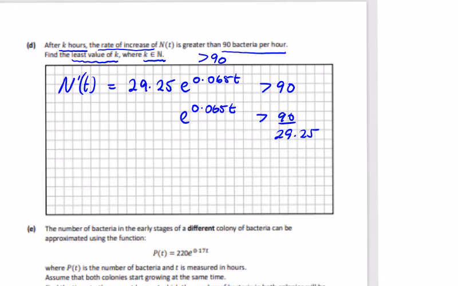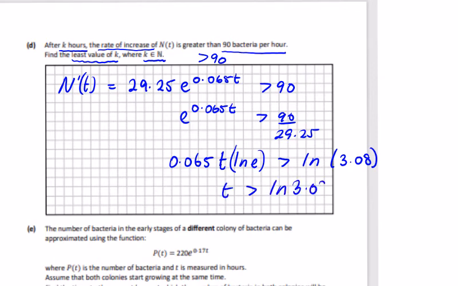So now I'm going to take the natural log of both sides. 0.065t by the natural log of e, which we know is equal to 1, you could leave it out, has to be greater than the natural log. I shall decimalize it. I've got 3.0769, I'll round it to 3.08. So t is greater than the natural log of 3.08 divided by 0.065.